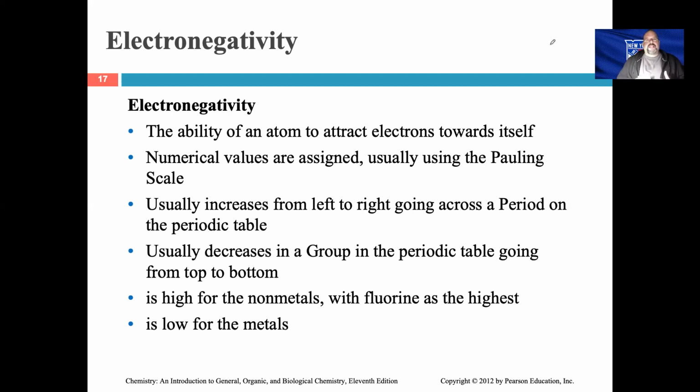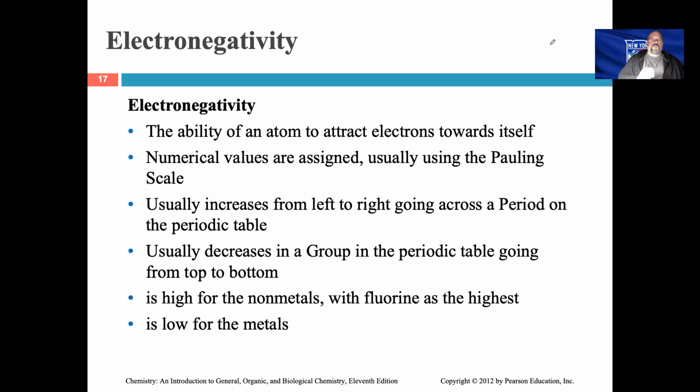Electronegativity fits into that category because we can make predictions based on where the elements are situated in the periodic table. There are some trends that you find, not only within a period, but within a group as well. Other properties with periodic trends would be something like atomic radius and ionization energy, things that we're not going to talk about in this course.